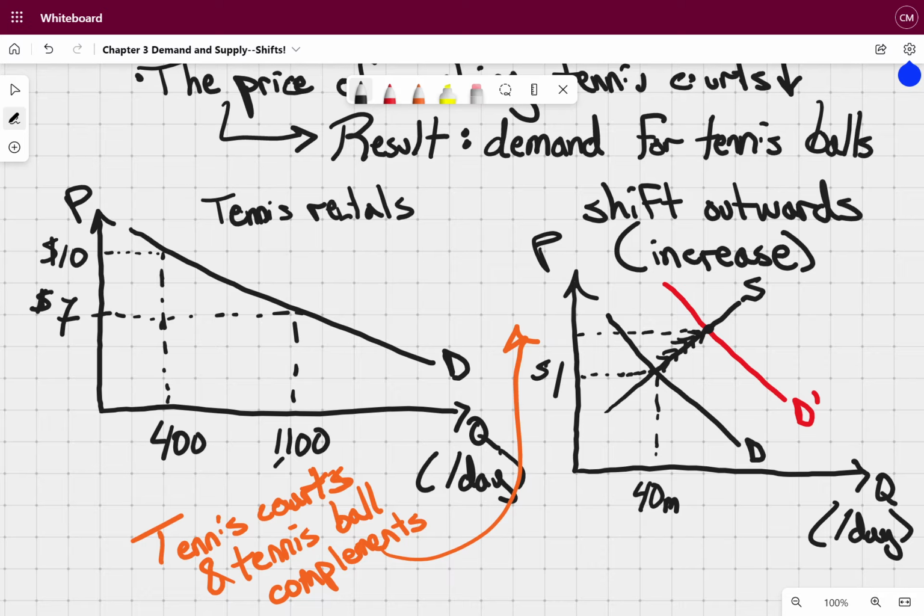So at this new price of $1.40, we find that there are 58 million tennis balls demanded. So this is a movement along the supply curve caused by a shift in the demand caused by a complementary good price change.